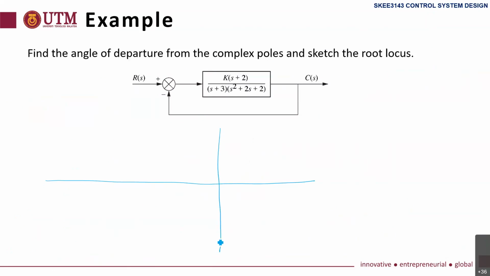Now use rule number 1 until rule number 7 and sketch the root locus. Please do it now. This will help you understand root locus and familiarize yourself in sketching root locus. Apply rule number 1 until 7. Then we will do number 8.